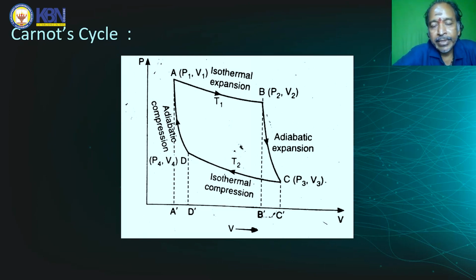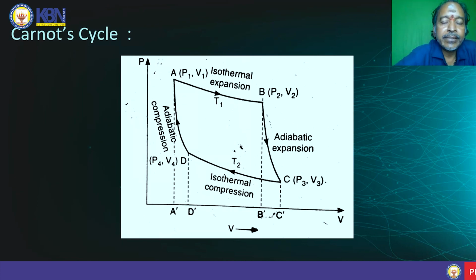See here the working substance is placed on the sink. So here it is the compression, that is work done on the gas, but it is the isothermal process, and there is a chance to increase the internal energy and hence the temperature, but as it is the isothermal process, the temperature is maintained constant. So here the heat energy is rejected to the sink, and the sink temperature is T2.